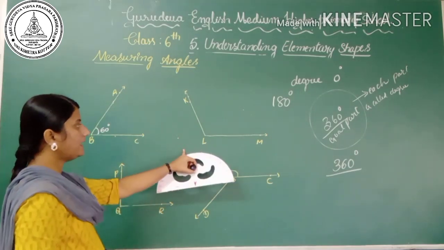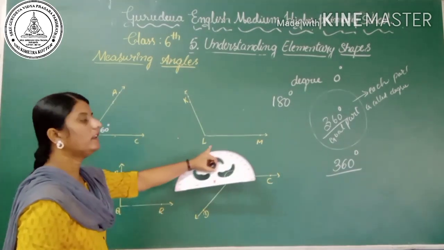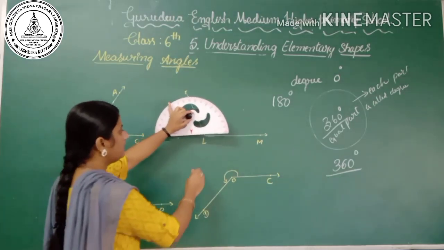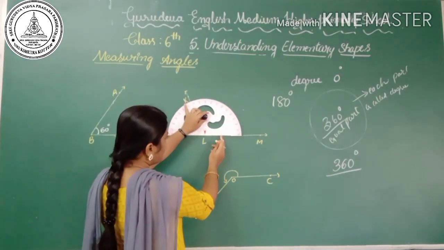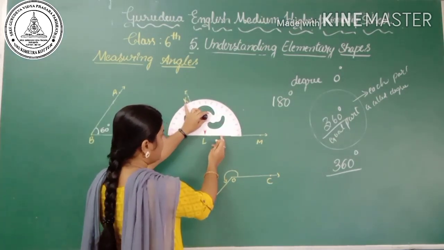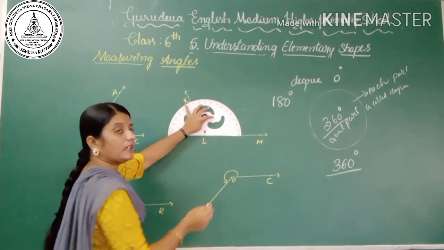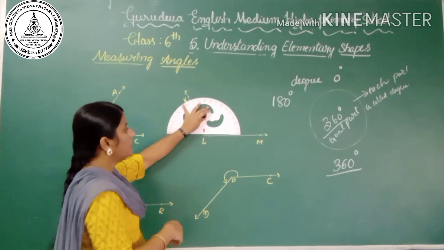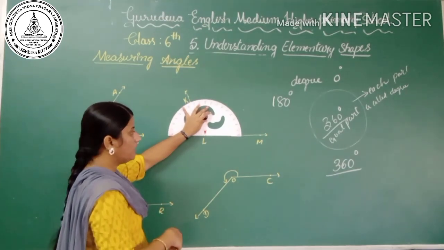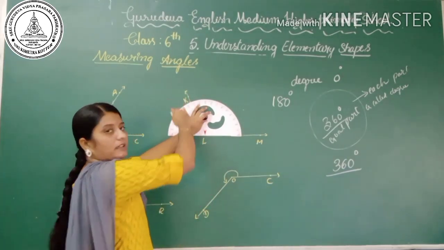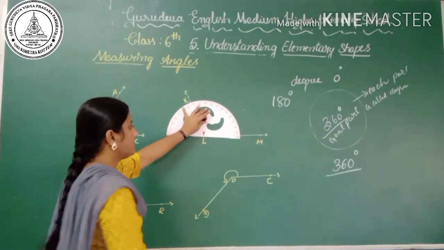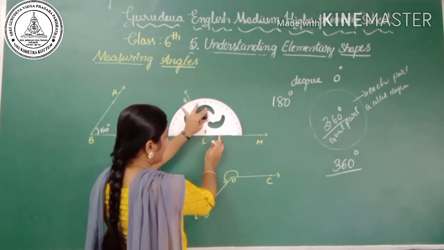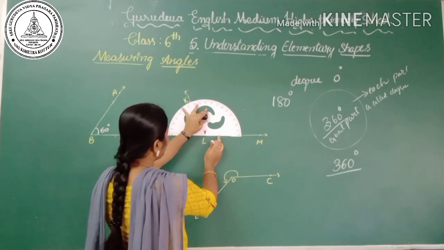Then the second angle is angle KLM. Similarly, you can measure here. One thing you should remember: if the vertex point is at the left side of the protractor, we have to count from the right side of the curved edge. See here, I kept it at the left side of the protractor.